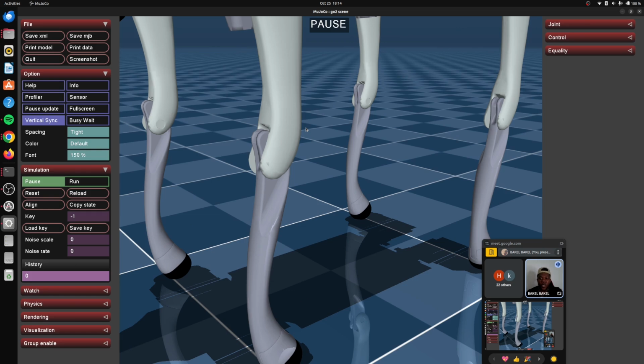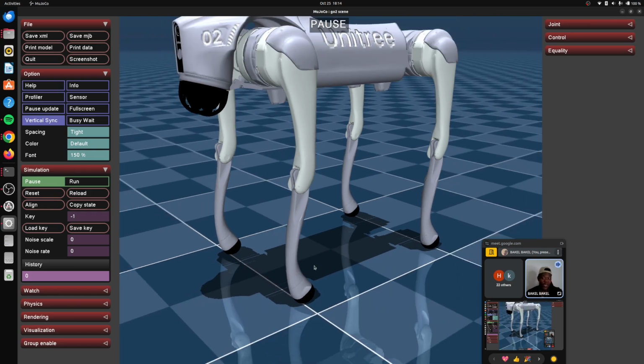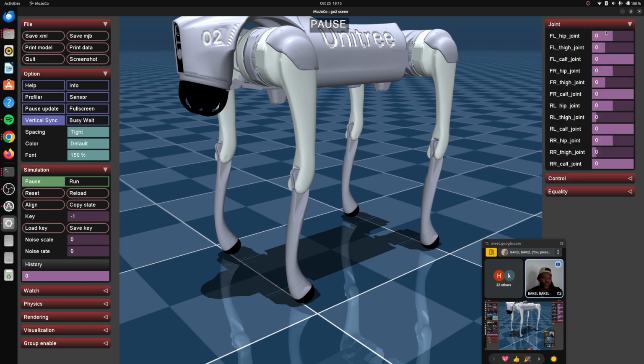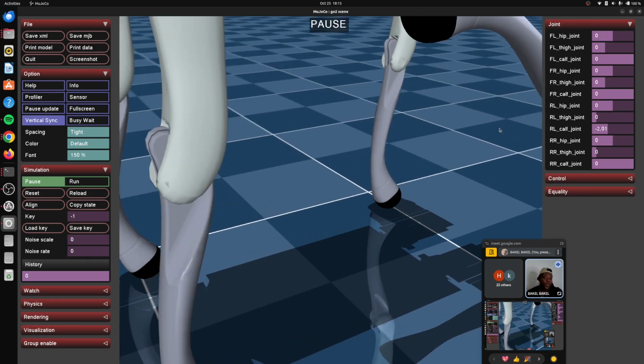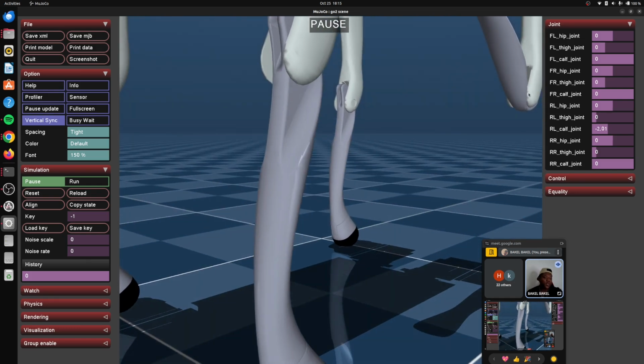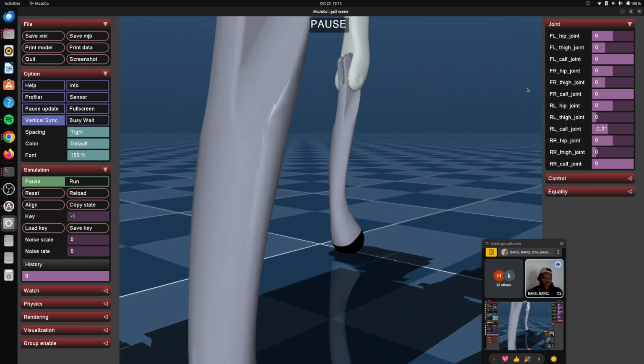Now, this particular robot, you can see clearly you have a limb. There are 4 limbs actually. Each of these limbs have motors on them. So I can basically turn up the calf because of a motor that is present on this particular joint here. That's what allows me to be able to do that.